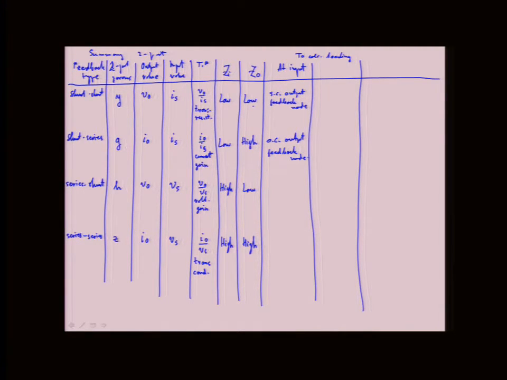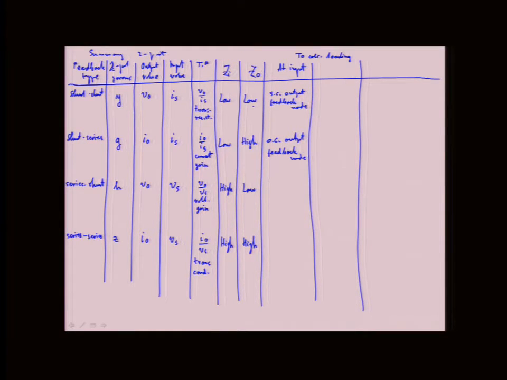Okay, that's because the feedback quantity is current, right? So we want to kill that, and therefore we open the output. And then look at what the impedance is from the input side. Okay?